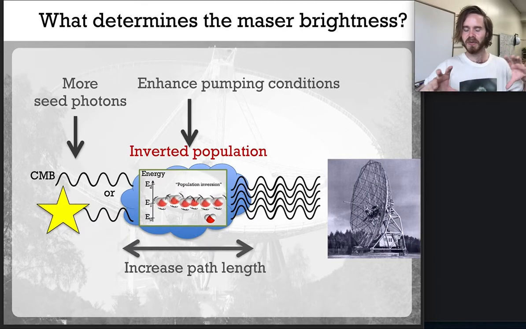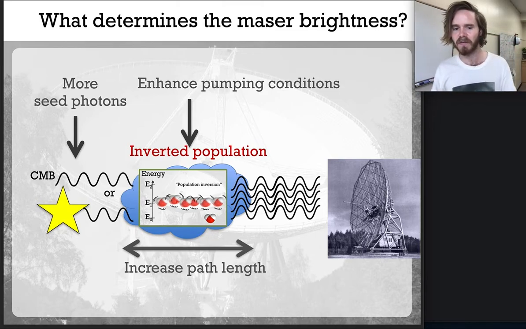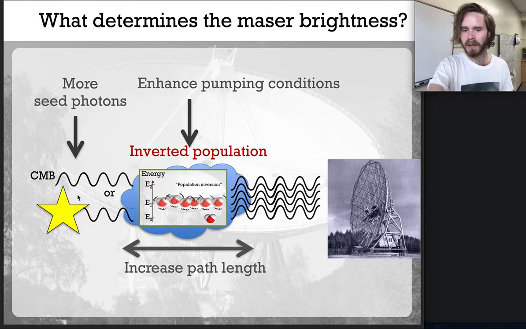If you wanted to summarize everything we've talked about so far into one plot, it would be this. In gray we have the 3 different ways of increasing or decreasing maser brightness. One thing I should mention that hasn't been mentioned yet is the source of the initial seed photon. Well, this can be a star, a nearby jet, or the CMB, the cosmic microwave background.